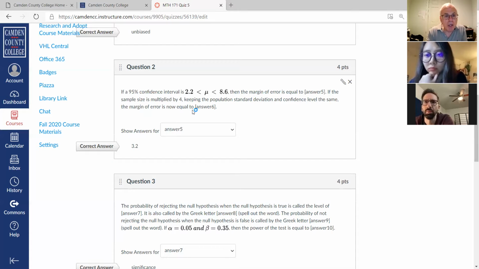So if n goes up by a factor of 4, the denominator, because it's a square root, goes up by a factor of 2, which means the whole fraction is 1/2 of what it was before. Does that make sense?